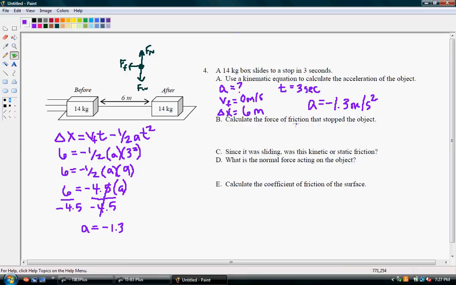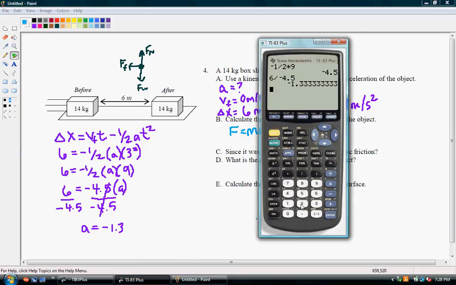Alright, now it wants us to calculate the force of friction that stopped the object. Well, we know that force equals mass times acceleration, and so our mass is 14 kilograms, and our acceleration is negative 1.3, and when we multiply that out, 14 times negative 1.3, we get negative 18.2.